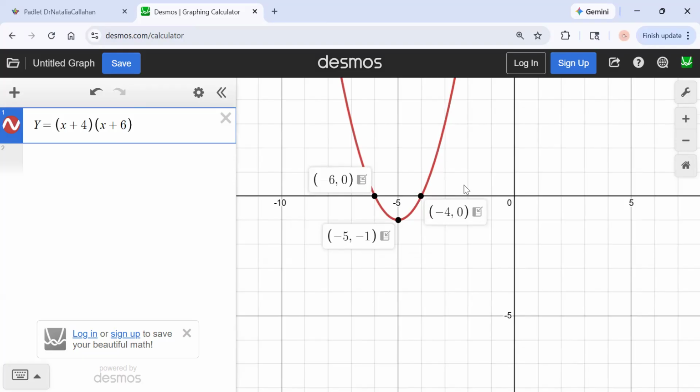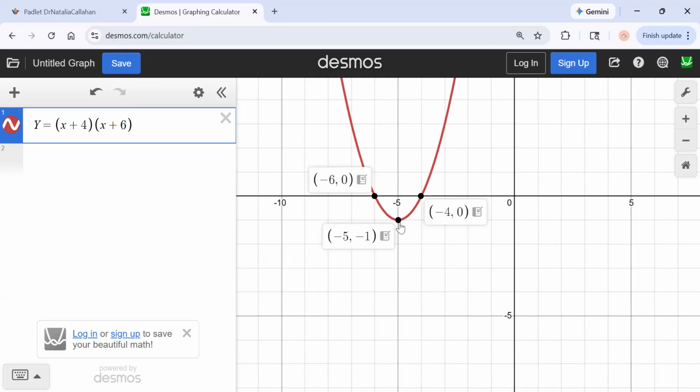Let me know when you have the dashed line. Okay, so then you need to find the y-intercept, correct?